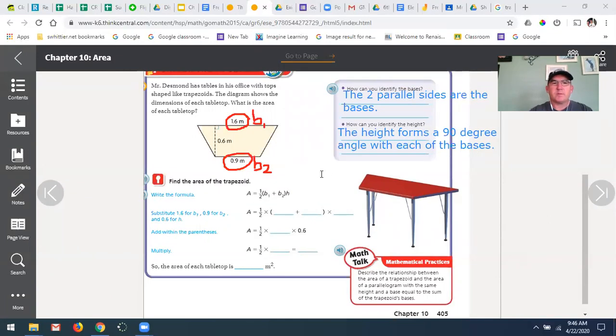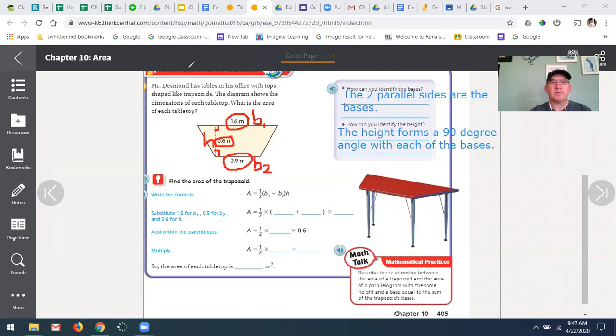Perfect. So there's a 90-degree angle here with base 1, and also here, and a 90-degree angle here. So we know that those two are parallel. So this number here, that's h, that's the height.